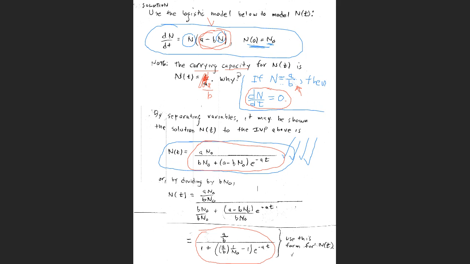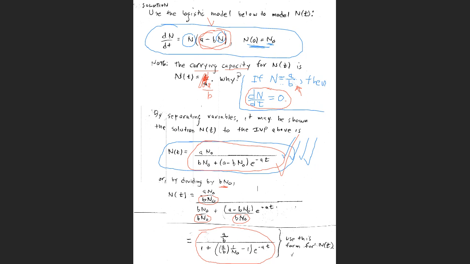So what you need to do is, on the right-hand side here, you divide numerator and denominator by b times n sub 0. You see I'm dividing the numerator by b times n sub 0, and the denominator also by b times n sub 0.